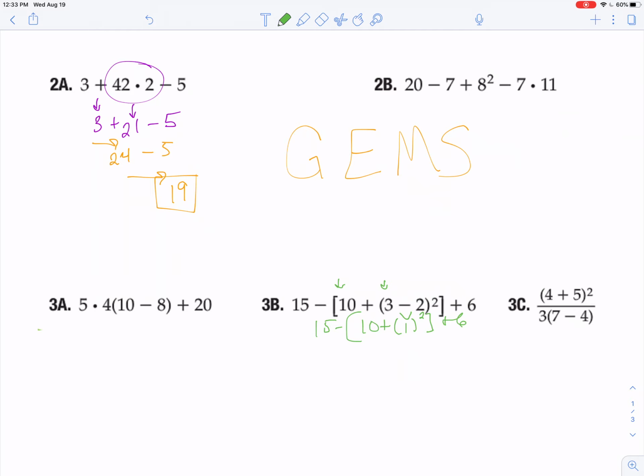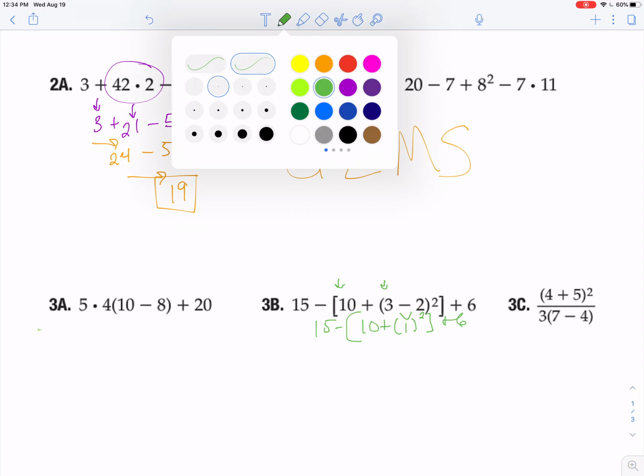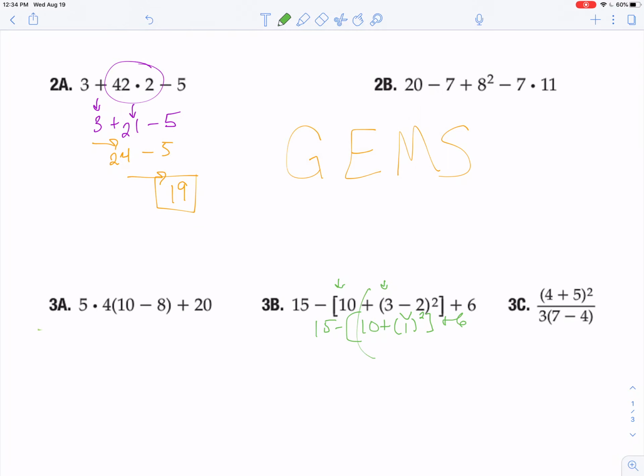Now it looks like I can do that 1 squared, because I'm looking just inside the brackets here, and I'm doing GEMS inside the brackets until I get the brackets completely simplified down. So between the addition and the exponent, the exponent is the next thing I should do.